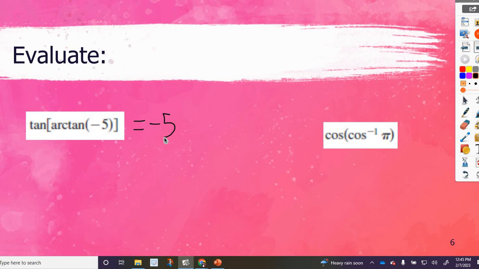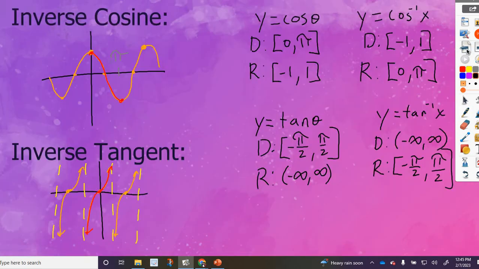Okay. Now, what about cosine of cosine inverse of pi? Well, again, let's go back. What is our domain for cosine inverse? -1 to 1. Is pi within -1 to 1?